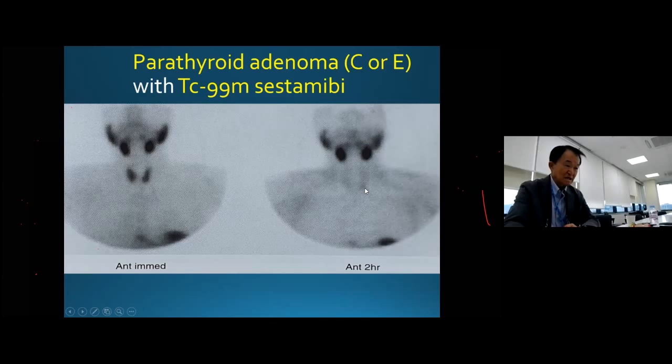And this could be E type or could be C type. E is right behind the thyroid, or C is a little deeper. You cannot call C or E based on this planar imaging. You need a lateral view at least, or SPECT is the only way. So this is the usual behavior of sestamibi.